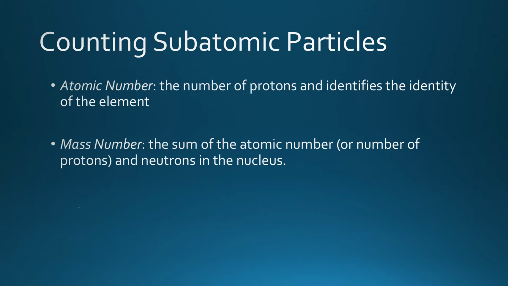On the other side of things, the other thing that tells us a lot of information about the atom is its mass number. So again, mass number, what two things give mass to the atom? Protons and neutrons. So if you add up protons and you add up the number of neutrons, you know the mass. Or you can use that information to work backwards to figure out protons or neutrons.